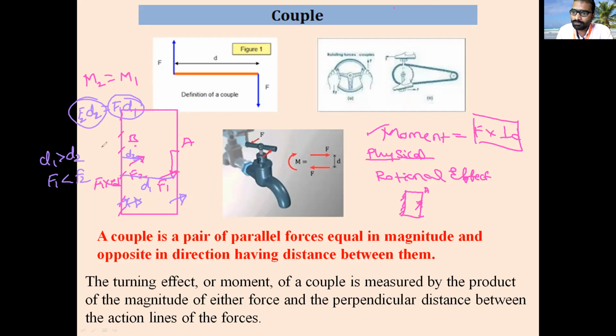Ultimately I need to rotate this; the moment product should be the same. Here distance D1 is greater, so F1 is lesser. As D2 is smaller, F2 is greater. Clear? This is just a rotational effect.